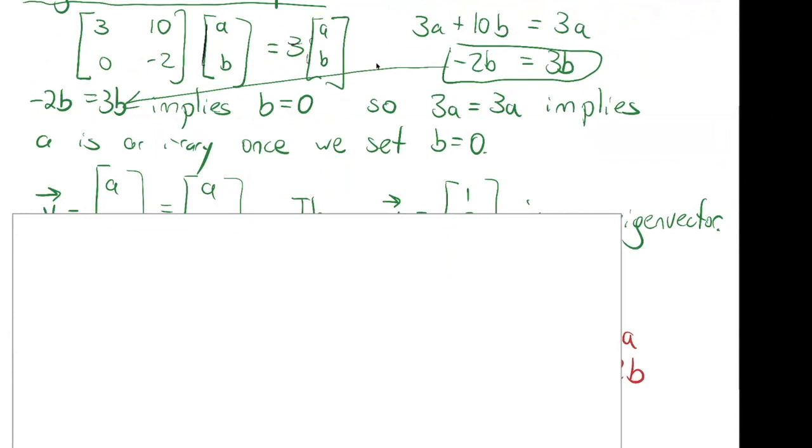And then we can plug that back into this other equation that we had, and we get a kind of vacuously true equation there. That is, if b is 0, then the top equation is going to be true no matter what we pick for a. So a can be anything as long as b is 0, and that's going to be an eigenvector for the eigenvalue 3.